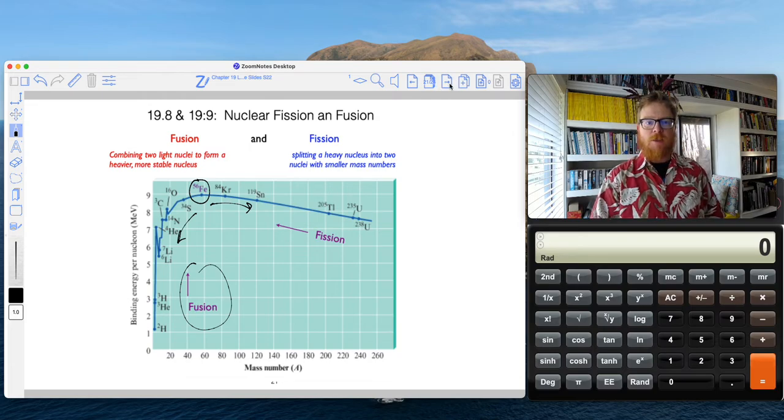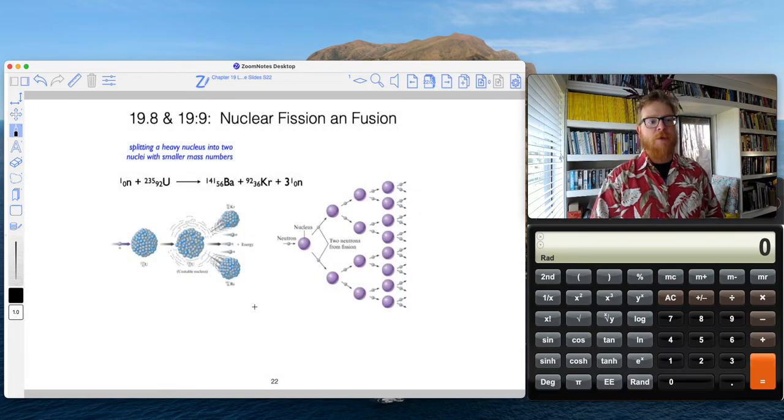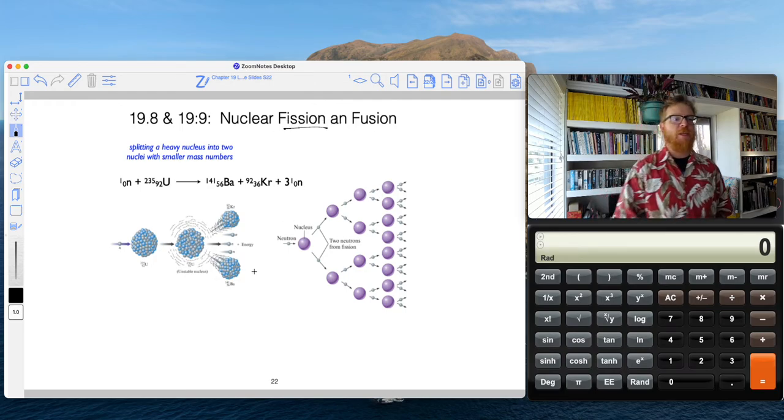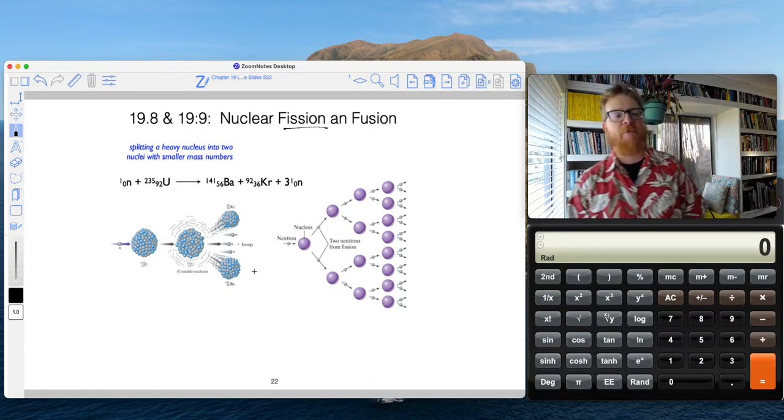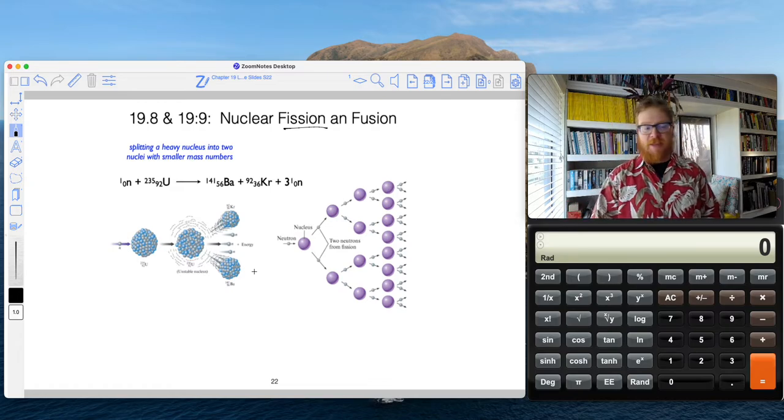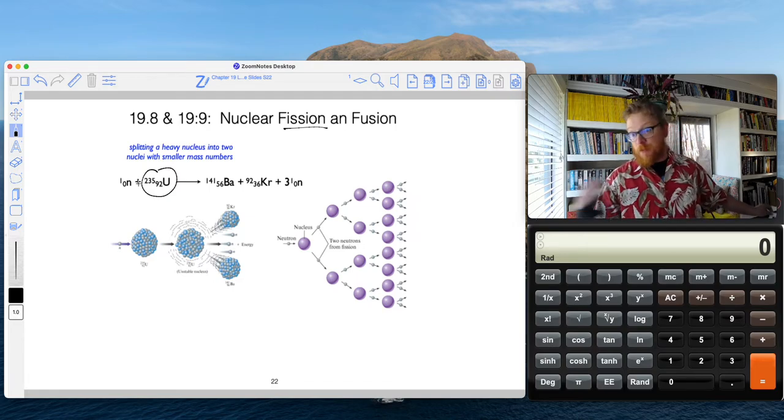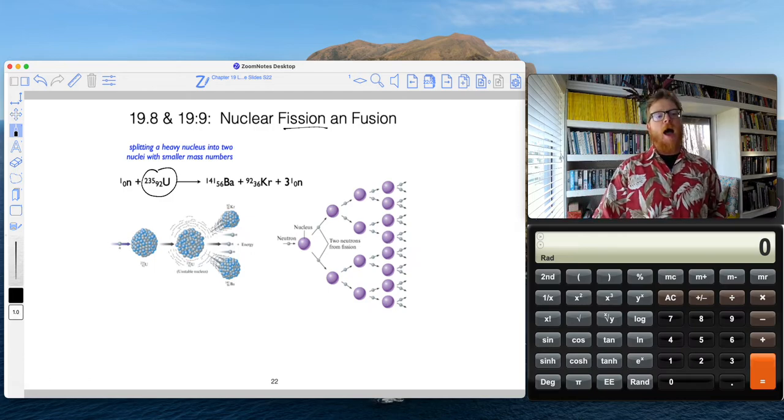Let's talk about fission: splitting a nucleus into lighter nuclei with smaller mass numbers. The most abundant fissionable material in the world is uranium-235. There are other fissionable materials. One I just mentioned, plutonium, is predominantly used in the bombs.